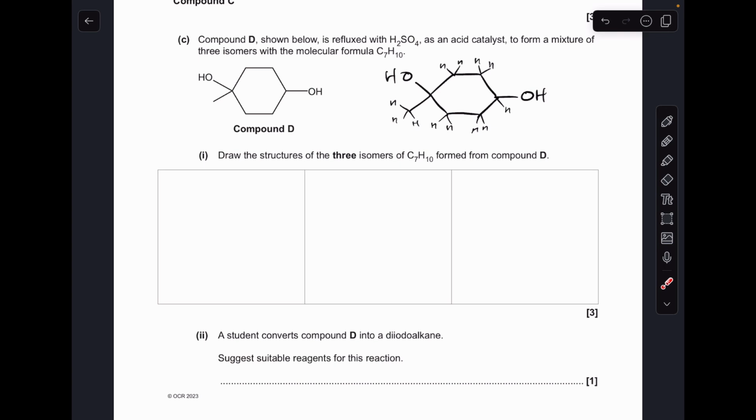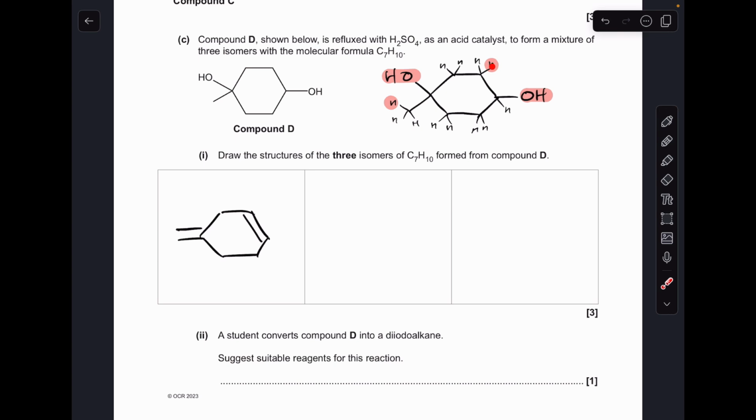So what we need to think about is, obviously we've got to take the OH off to form water, but we also need to take off a hydrogen from an adjacent carbon atom, and there's quite a few adjacent carbon atoms to choose from. So the first structure I've drawn, you can see I've highlighted the atoms I've taken off. Obviously I've taken the OH group off, but I've taken the hydrogen off this adjacent carbon here, and that's generated a double bond there.